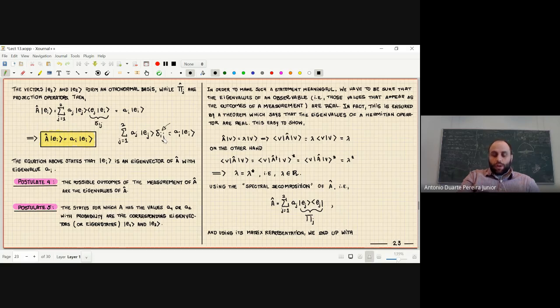So the only term in this sum that will survive is the term where j is equal to i. I selected this term, wrote it here, and all the others will be 0 because j will be different from i. So the sum is reduced to a single term because all of them are 0.